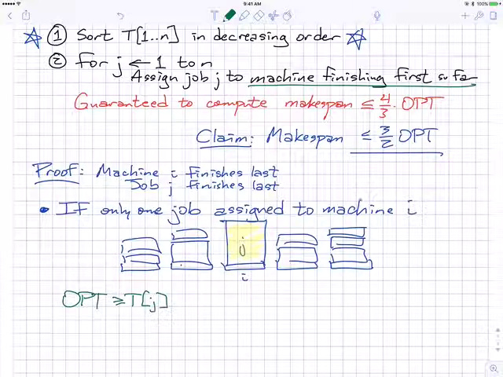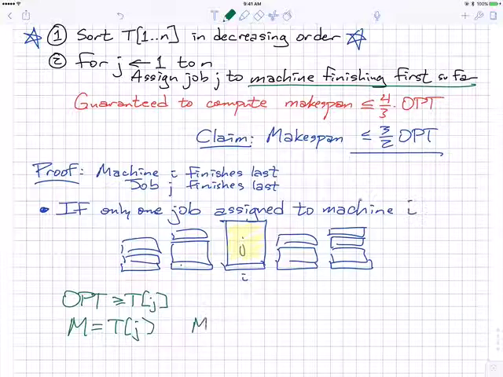The optimal makespan has to be larger than the running time of any particular job, in particular that one. On the other hand, the makespan of this particular schedule is T of J, because that's the job that finishes last.